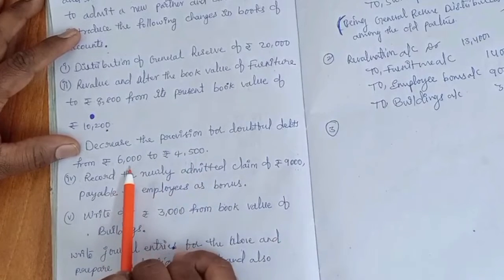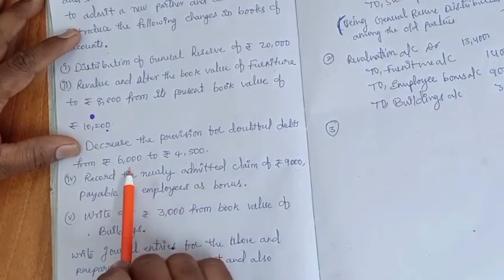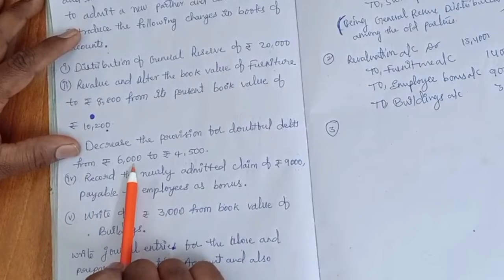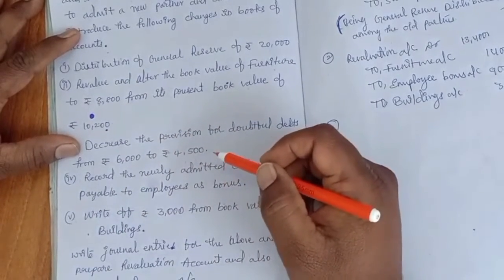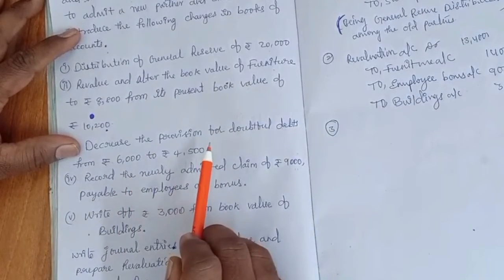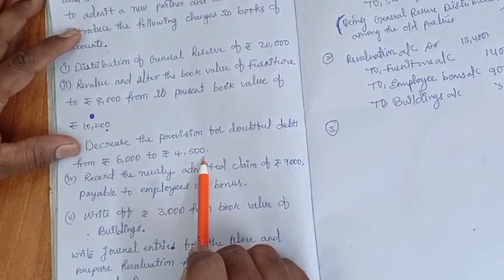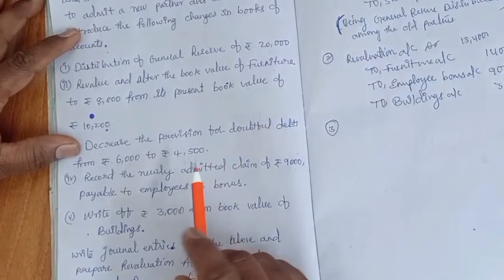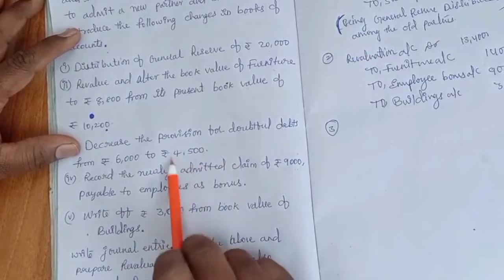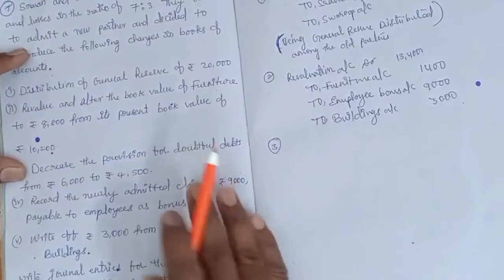An outside customer has to pay that 6,000 to the firm. We don't know, in a previous year he might have taken products but he didn't pay the 6,000 amount. So that is a debt to the company. So 6,000 has been decreased to 4,500. Now it means 1,500 has been paid off, but 4,500 is still a debt to the company. That means here 1,500 has been gained by the company.